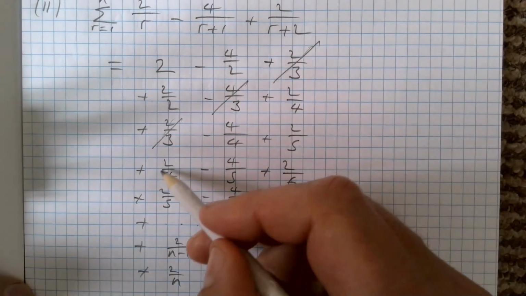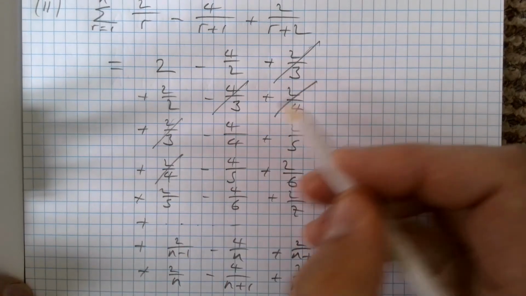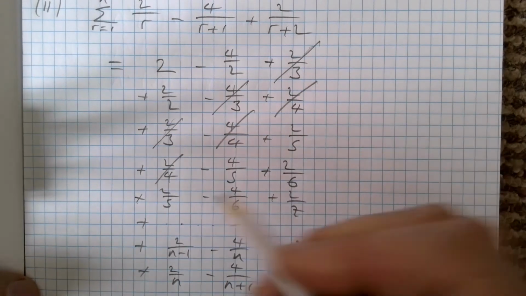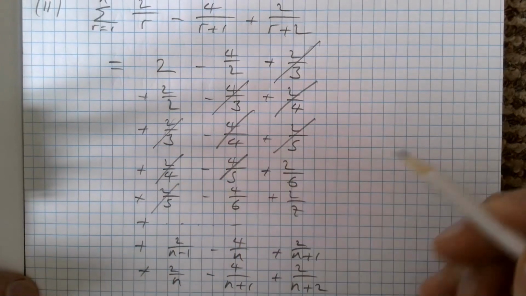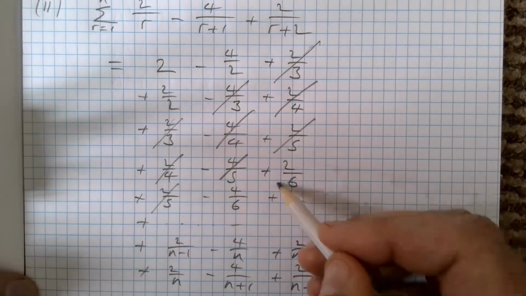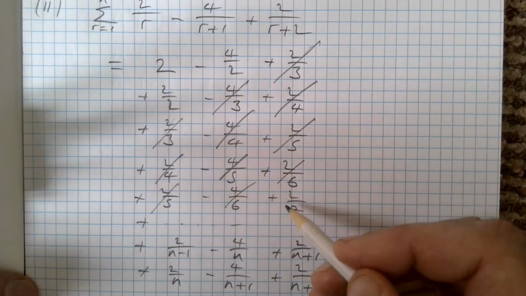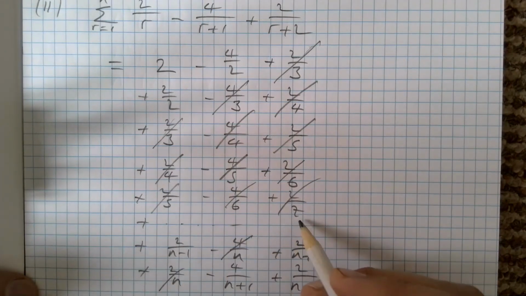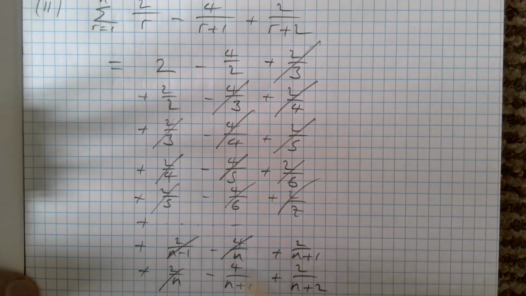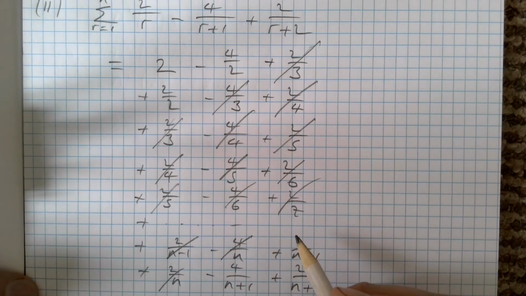I hope you do. 2 over 4 cancels with minus 4 over 4. This and this will cancel with this. That means this and this would cancel with the previous one, and this one would cancel with this one. That means, what do we have? This one and this one would cancel with the one above, and this one here would cancel with that as well. So what are we left with?